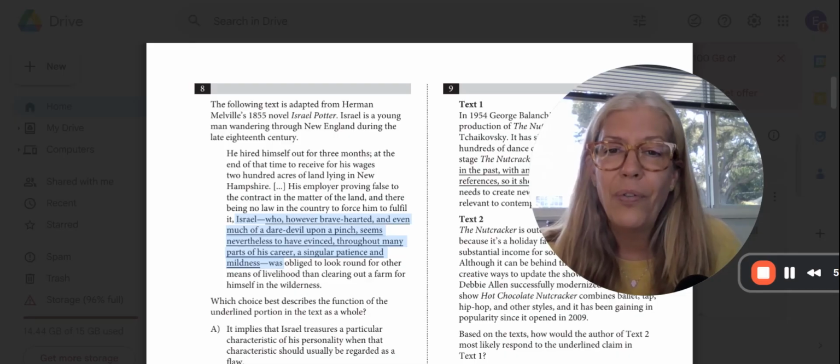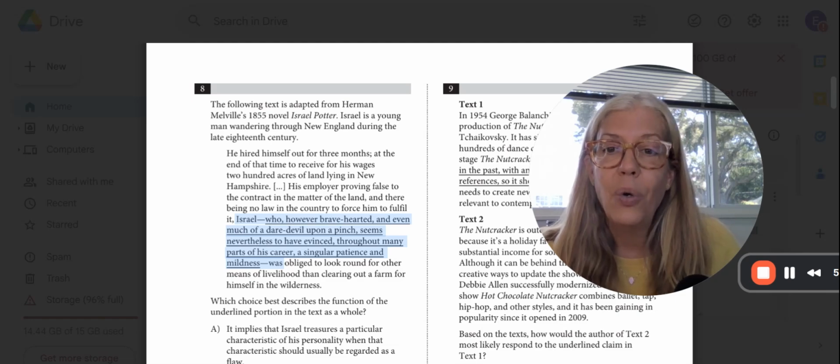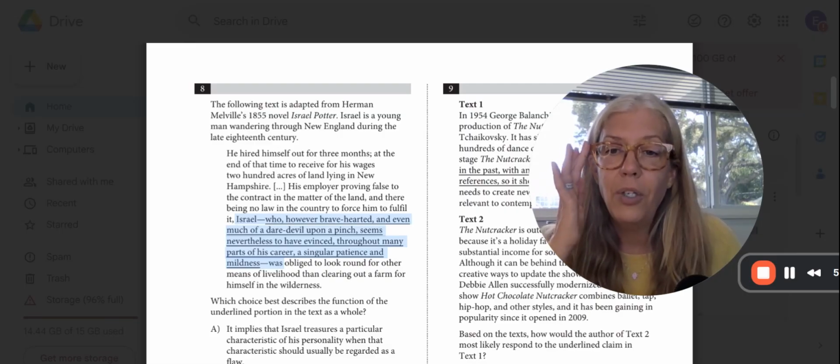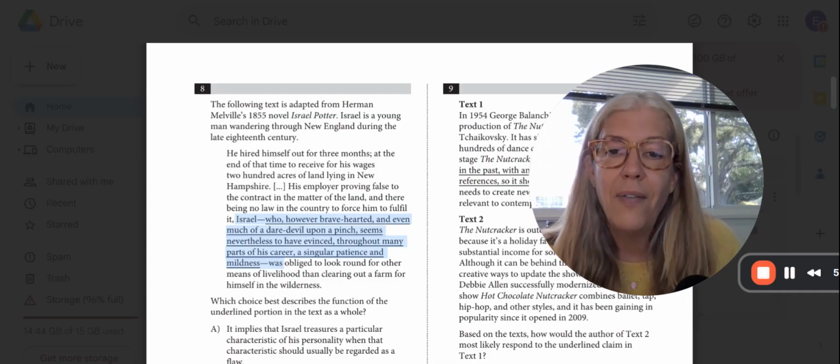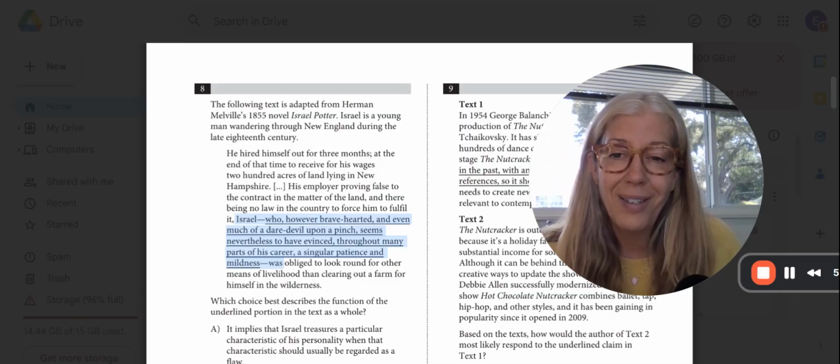His employer proving false to the contract in the matter of the land, and there being no law in the country to force him to fulfill it, Israel, who, however brave-hearted and even much of a daredevil upon a pinch, seems nevertheless to have evinced through many parts of his career a singular patience and mildness, was obliged to look round for other means of livelihood than clearing out a farm for himself in the wilderness. Oh, that's a sad little excerpt.